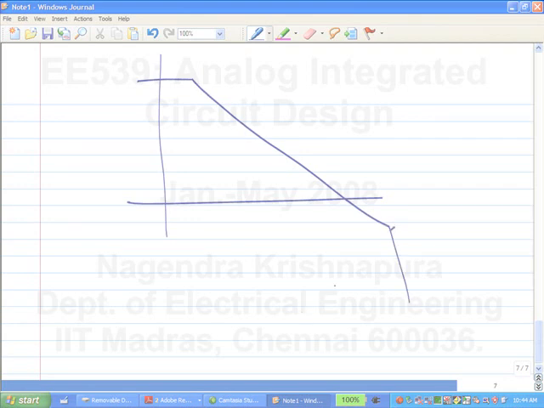Let's say the pole because of RCM, the response because of that is something like this. Now the CCM should make it something of this sort, so that the flattening should happen before that point.